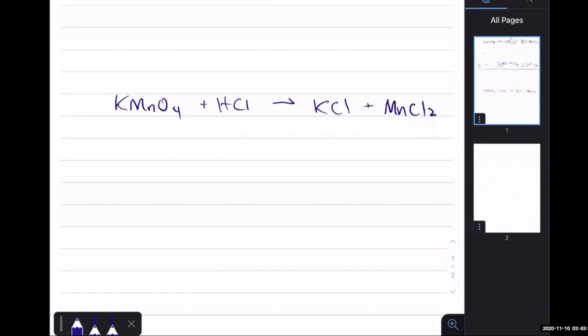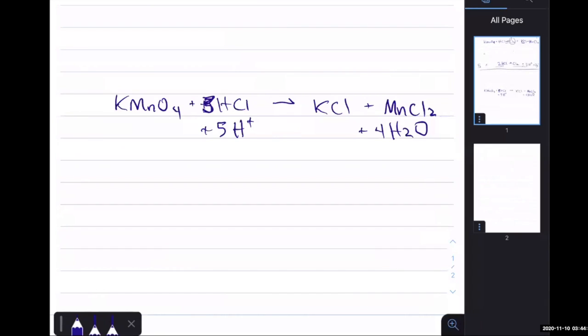I need 4 waters here to balance my 4 oxygens. And then I need, there's 3 here. Okay. And I need 5 H plus. That gives me 8 on the left side, 8 on the right side.